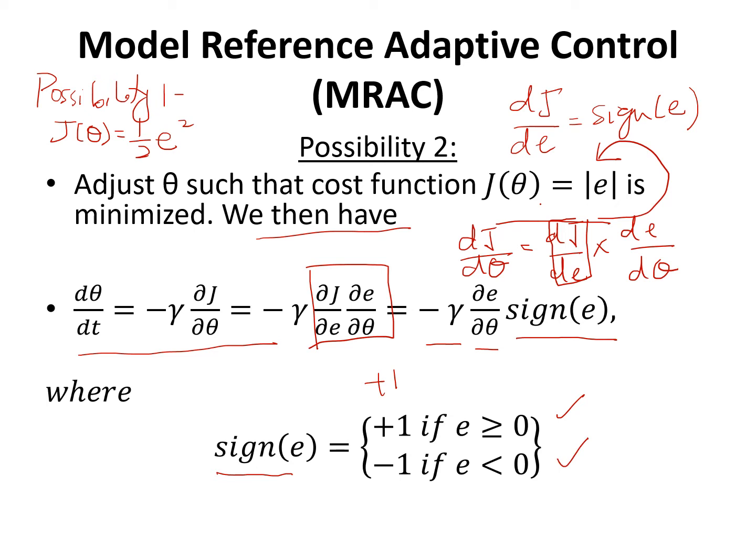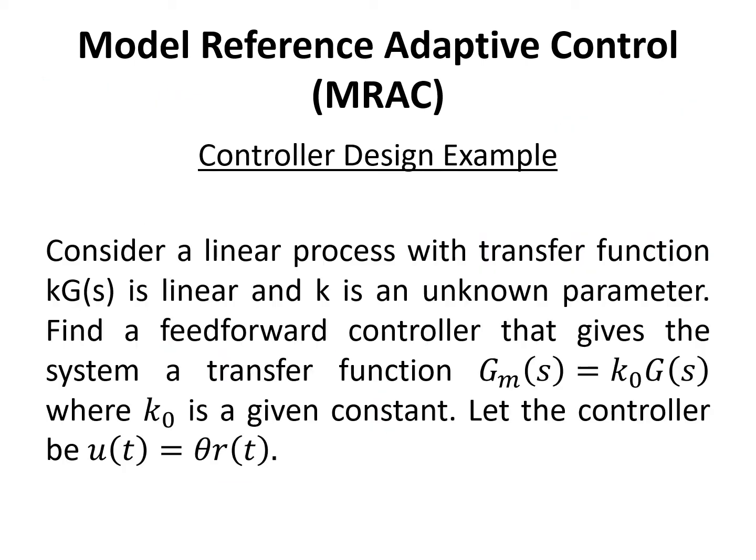So this is the possibility we have to consider in possibility 2. Okay, now controller design examples. Consider a linear process with transfer function kG(s), where G(s) is linear and k is an unknown parameter.